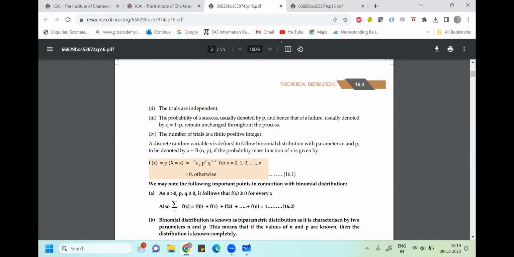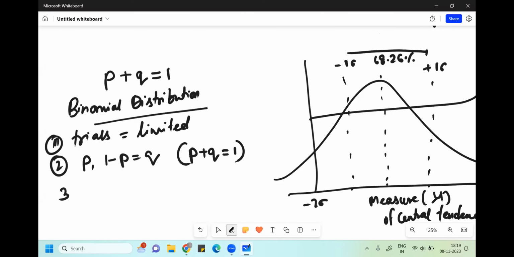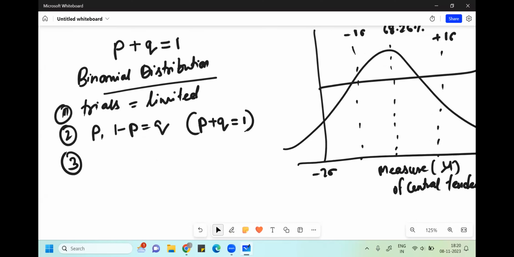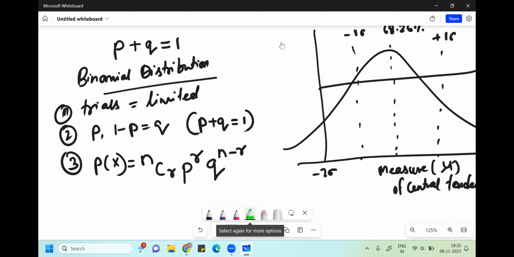Clear? Okay. The next fact you should remember is that the probability in a binomial distribution follows a formula: nCr, p to the power r, q to the power n minus r. This is a very important formula. So whenever we work on a binomial distribution, how can I calculate my probability distribution? This is the formula for that.